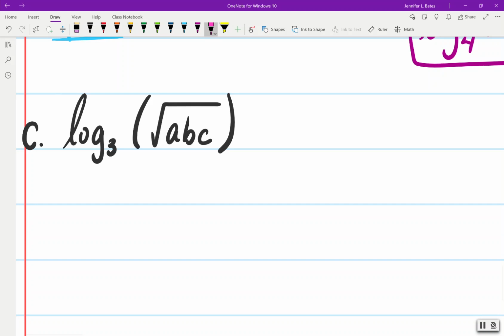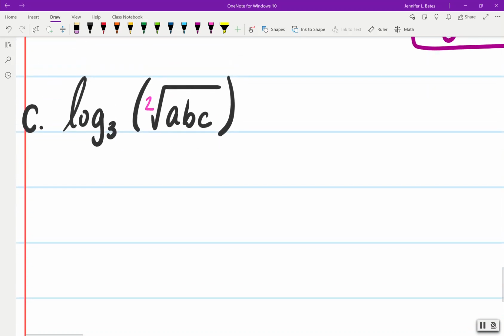Show me on your hand. What's the index number of the square root? There's nothing written there, so what's the index number? Good, it's a 2. And so when I bring this back, this is going to be the 1/2 power. Another way to think about this is you're taking this 2 and bringing it back on each variable inside.